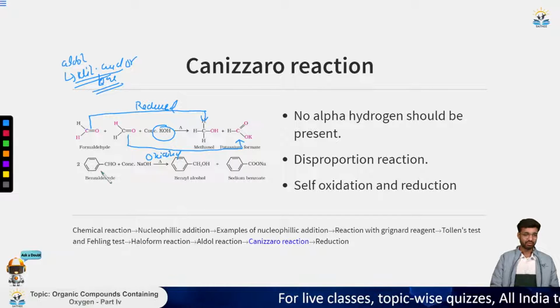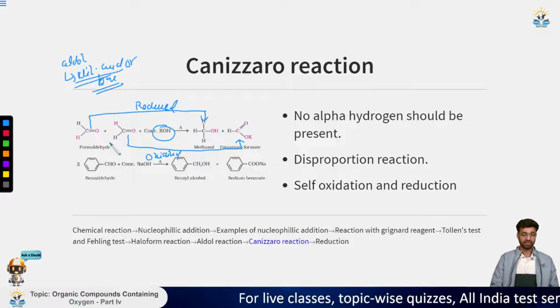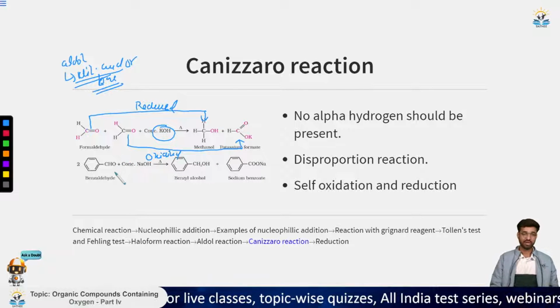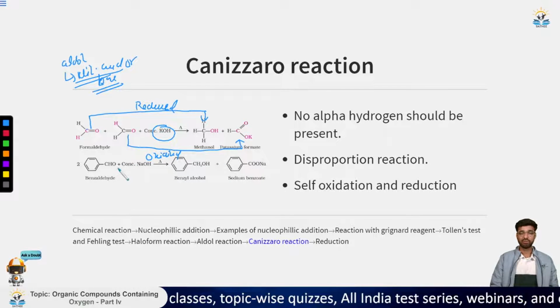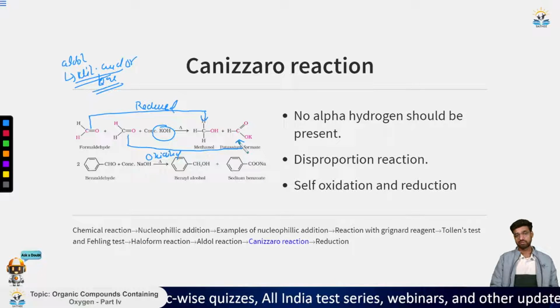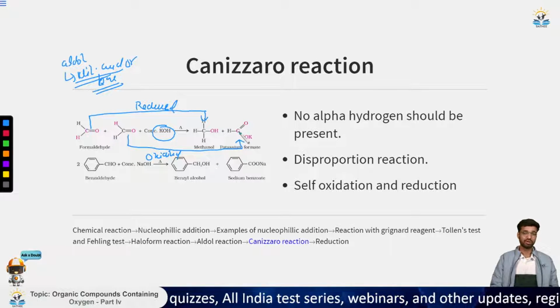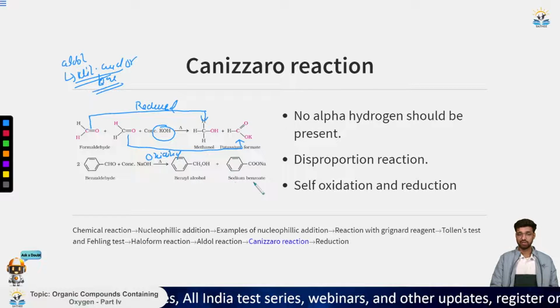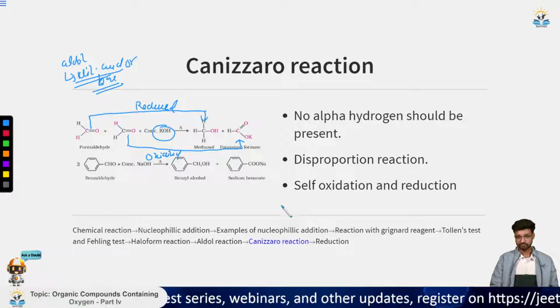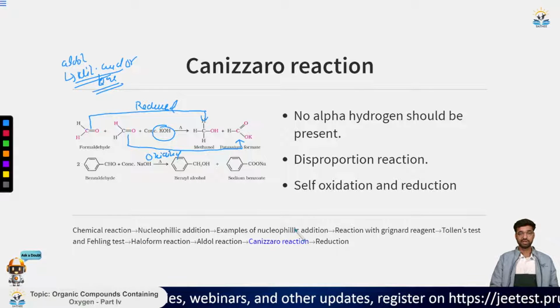One more thing: we will use 2 moles of this. We are not getting 2 products in the case of aldol, but in Cannizzaro, 2 moles will react to give 1 mole of alcohol plus 1 mole of potassium formate or sodium benzoate, depending upon the substrate that we are taking. So this is all about the Cannizzaro reaction.